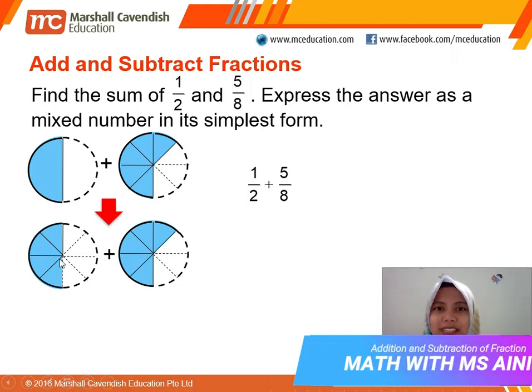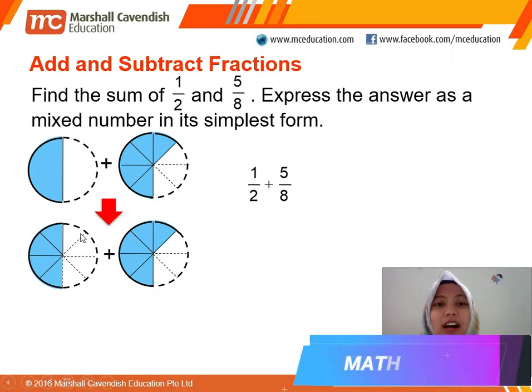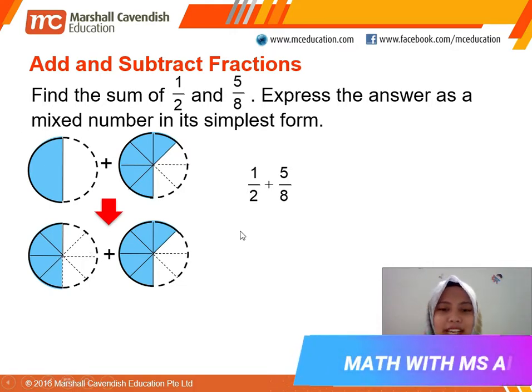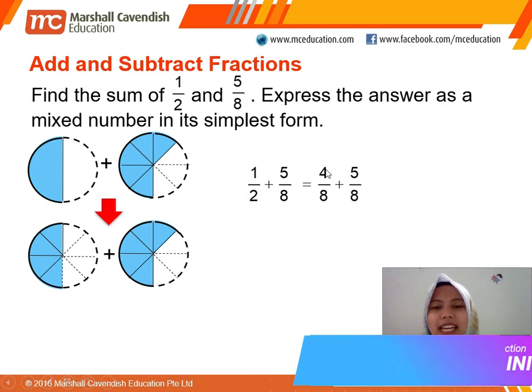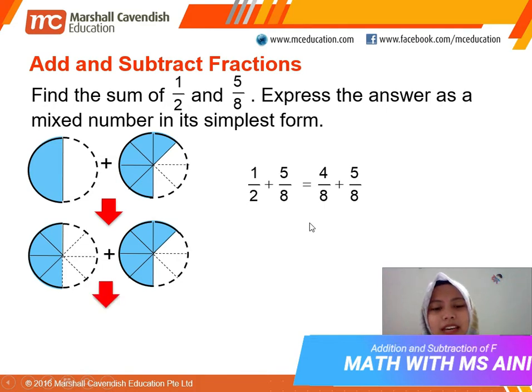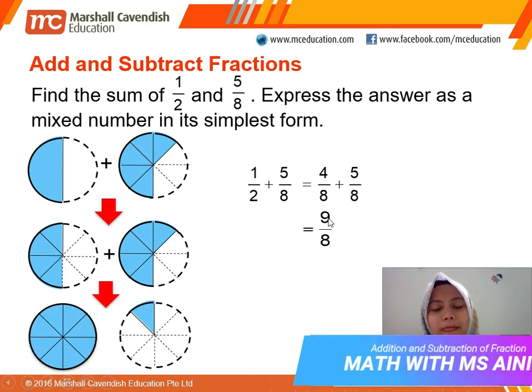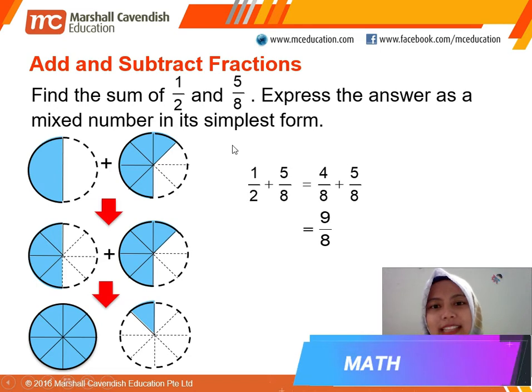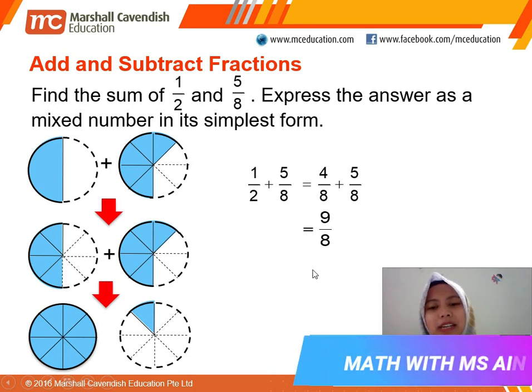4 over 8. A half is equal to 4 over 8 by multiplying the top by 4 and the bottom by 4. So you can say this is 4 over 8 plus 5 over 8. Now we add it and you will get 9 over 8, that can be changed into a mixed number, 1 and 1 over 8.